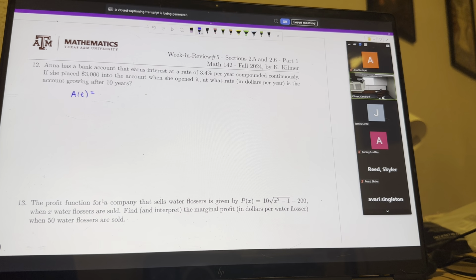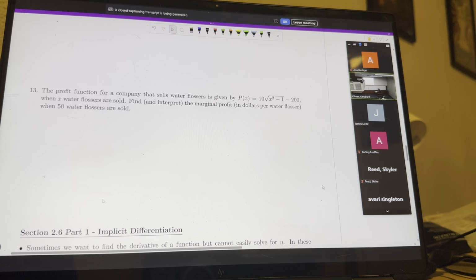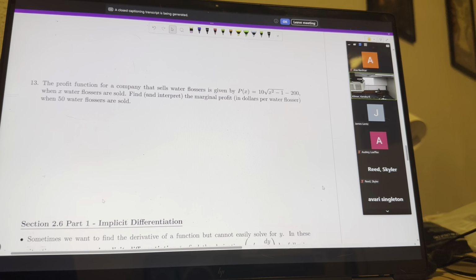We have to remember that if we're dealing with continuously compounded interest, we have A of t is equal to P e to the rt. The main thing to keep in mind is that you don't want to plug in t initially. You want to find your function, take the derivative, and then plug in t. But then 13 is very similar to what you saw last week.